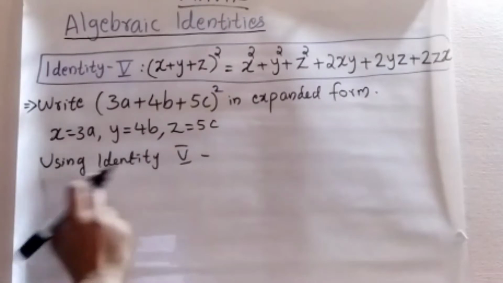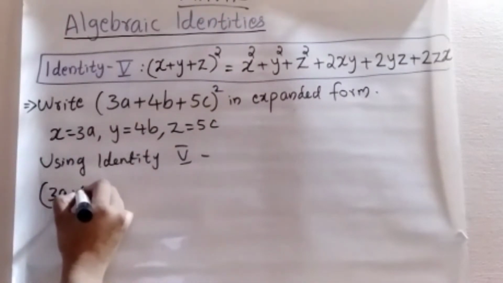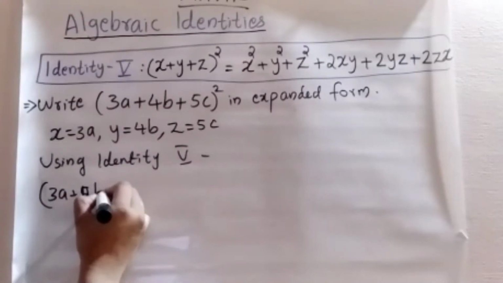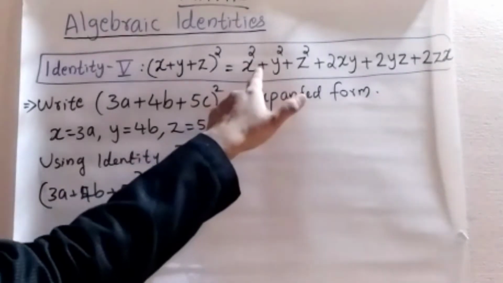So using identity 5, (3a + 4b + 5c) whole square is equal to, what is x square?